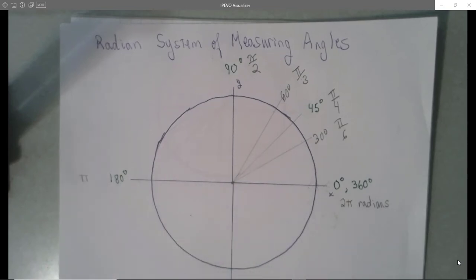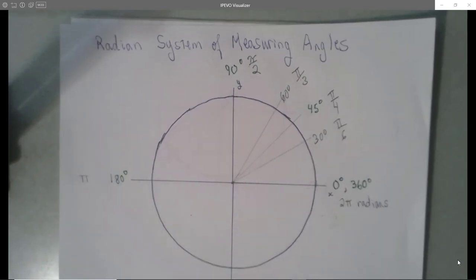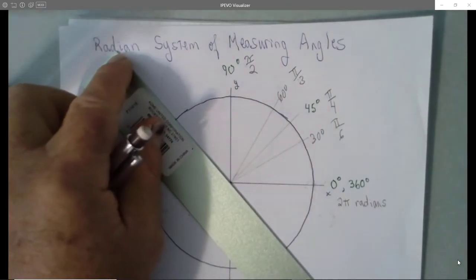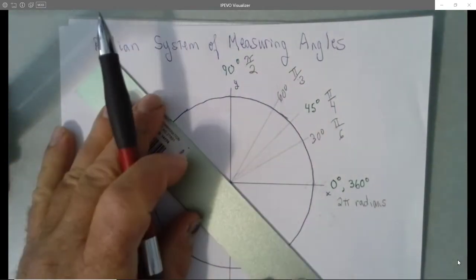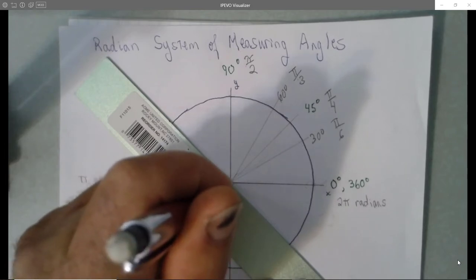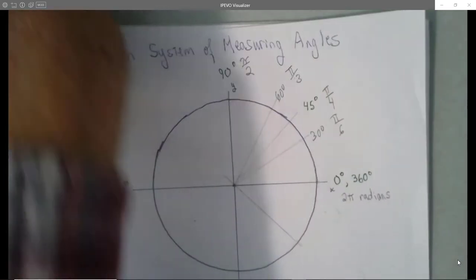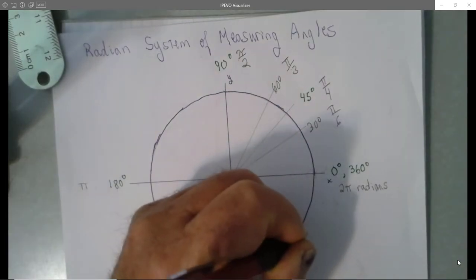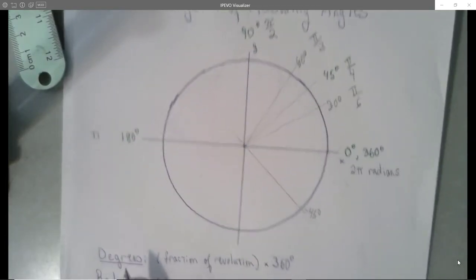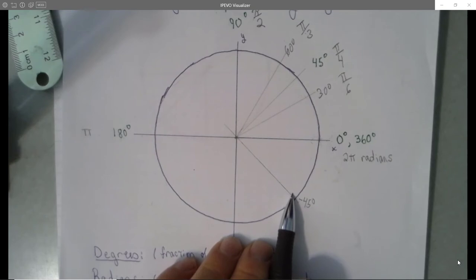Now, what do you do if down here, so that we have the same position as minus 45 degrees, as an example? Well, you could do the same thing with radians.